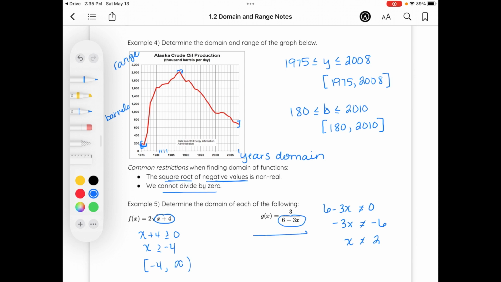So if we're thinking about a number line, here's +2. It cannot be that, so I'm excluding it, but it can be all the numbers to the right and all the numbers to the left. So writing this in interval notation, I can come from -infinity all the way until I hit +2, exclude it, hop over +2, and then continue on to positive infinity.